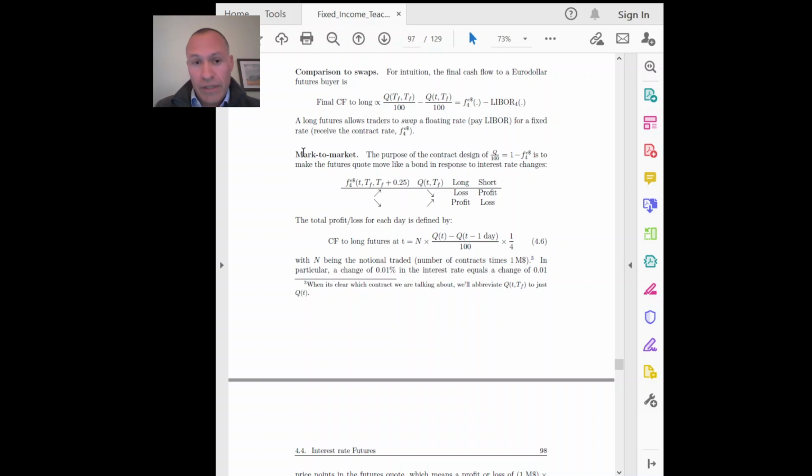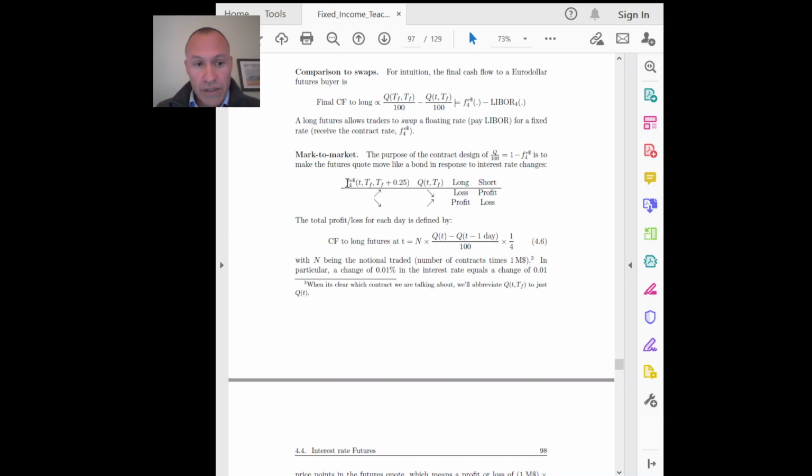The reason for that is that we want the futures to be on something that moves like a bond. If you note that the quote is related to the forward rate like this, we have the inverse relation between interest rates and bond prices that we have with real bonds.